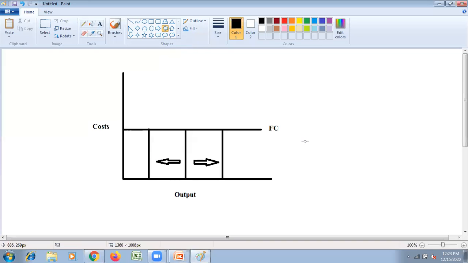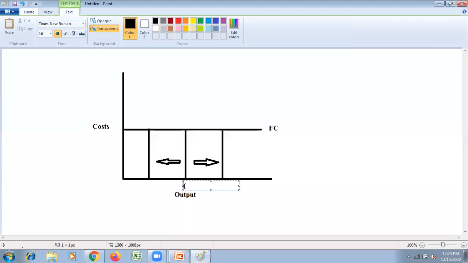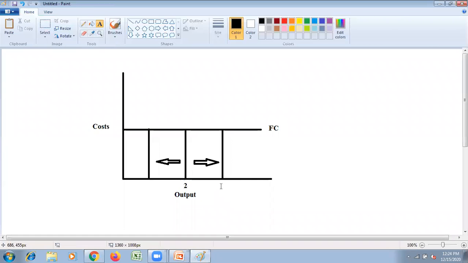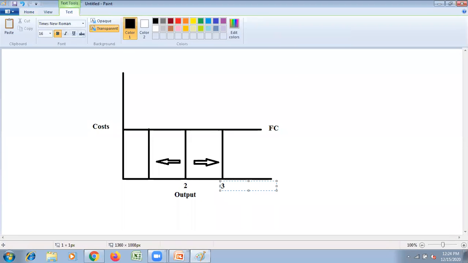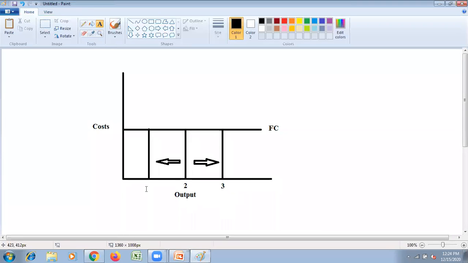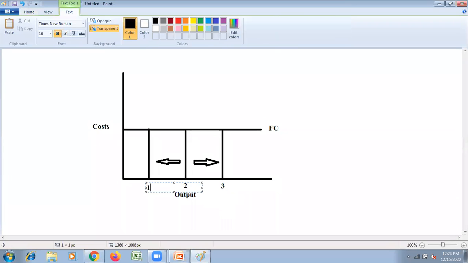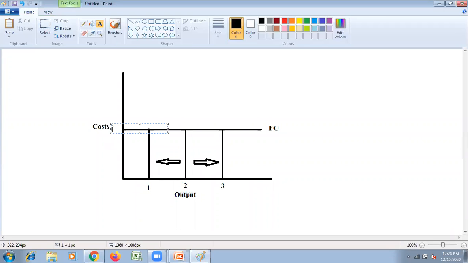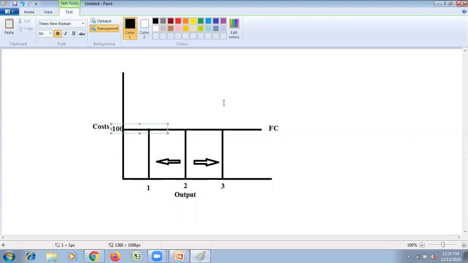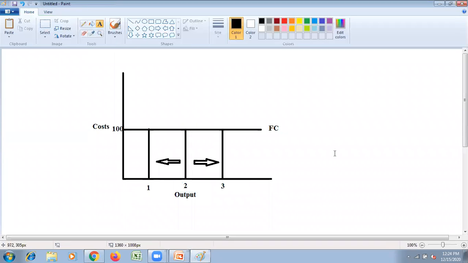If I take a point, let's say it was 2, you were making two things earlier, you increase to 3 or you reduce it to 1, there is no change in the fixed cost. Let's say it is 100, it remains the same, right?